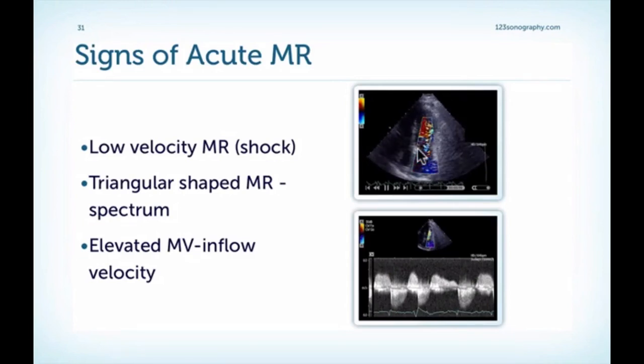In addition, the patients usually have very high heart rate, and so it makes the interpretation of the color Doppler often very difficult. Therefore, in such a setting, it is often helpful to also use the continuous wave Doppler. What do you see? You see the typical triangular shape of the regurgitant flow, and you see fairly low velocities because the blood pressure is low.